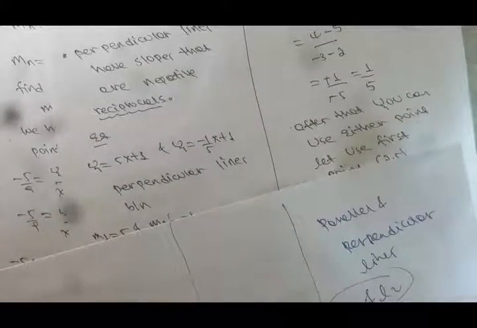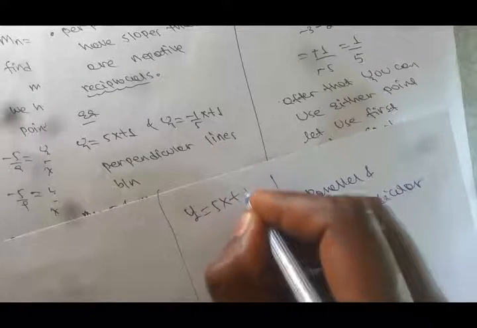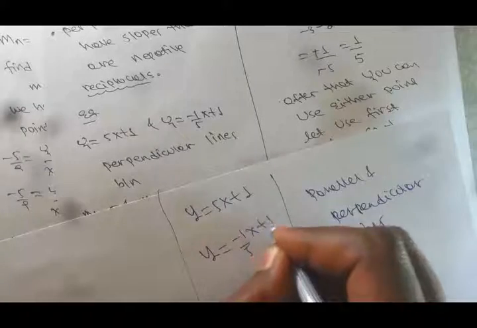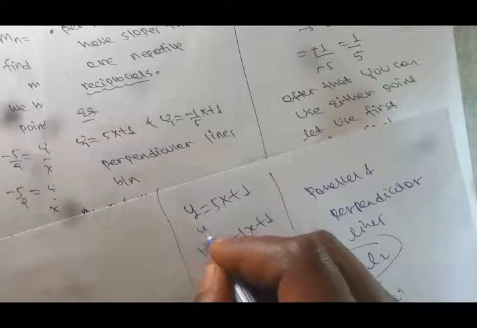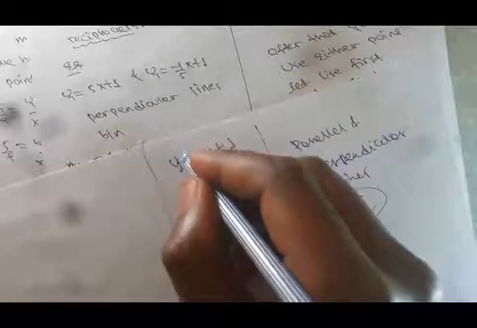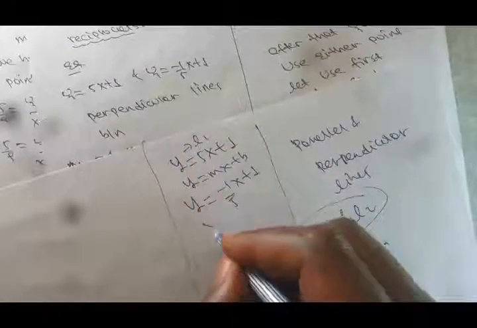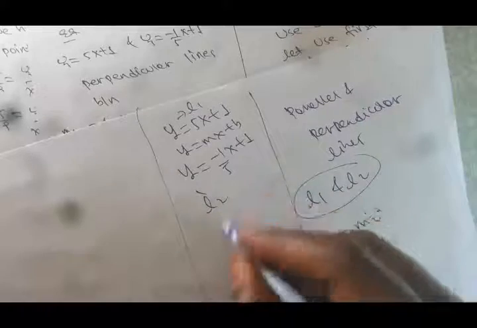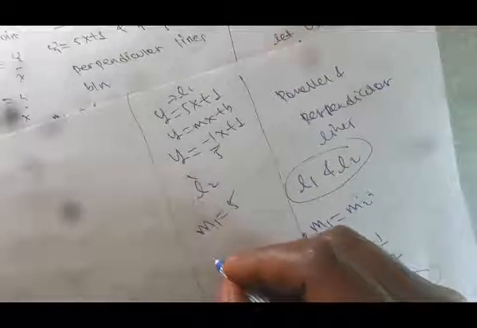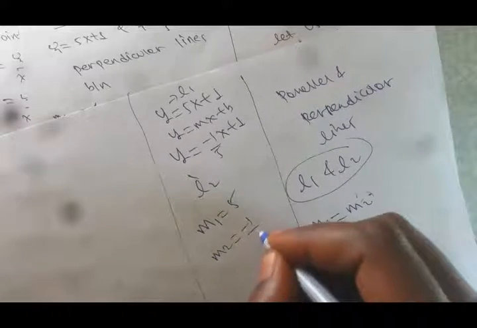Let's talk some example. Example 1 is given by y is equals to 5x plus 1 and y is equals to minus 1 over 5x plus 1. These have a form of y is equals to mx plus b. Therefore, this is line 1, this is line 2. What is the slope of line 1? m1 is equals to 5. What is the slope of line 2? Minus 1 over 5.